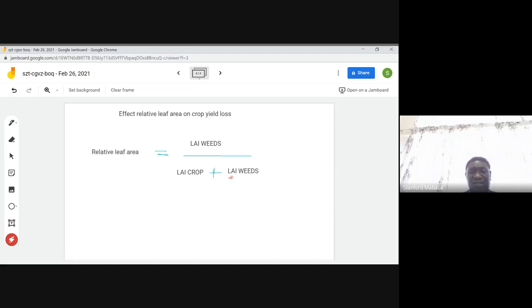And of course, you add this to the leaf area of the weeds. Then you find this ratio, which is what you call the relative leaf area. This was actually proposed by a scientist known as Peters.